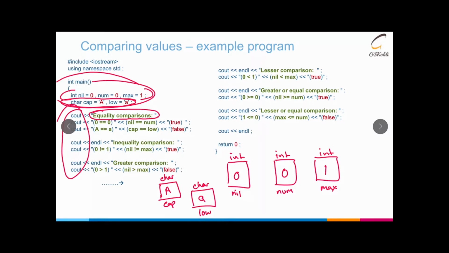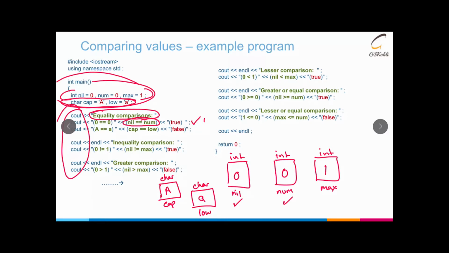So what it's doing up here is looking at this one up here. I put it next to it. It looks at nil, which is this box up here, and num, this one up here, which are considered the same, and both of them are holding zeros, so it's true and the output is 1.